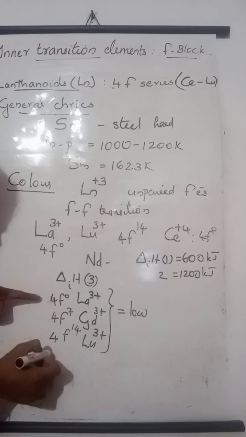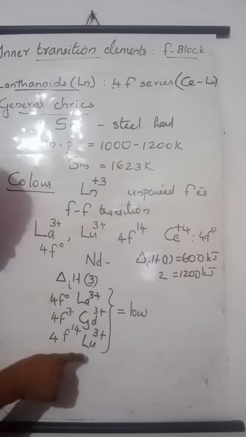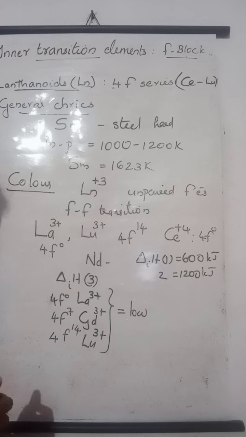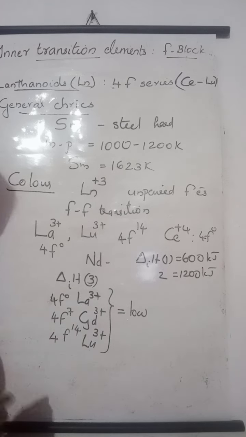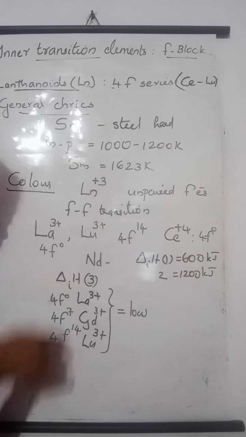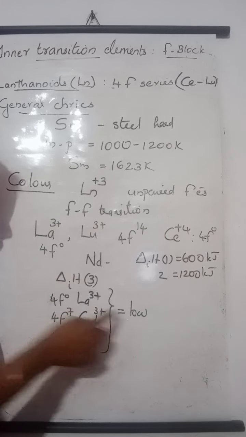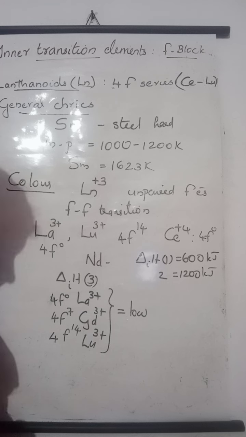Because of this extra stability, the formation of these ions is very favorable and hence requires only a very small amount of energy. That is delta Hi3. Third ionization enthalpy values of these three ions are abnormally low. So chemical reactions, as we already told, resemble alkaline earth metal calcium, and some elements behave like aluminium.